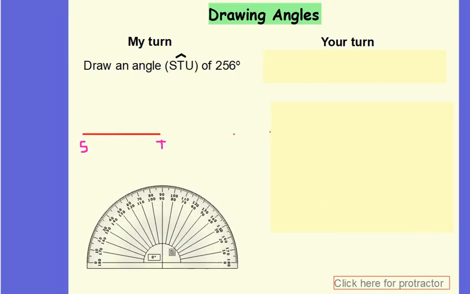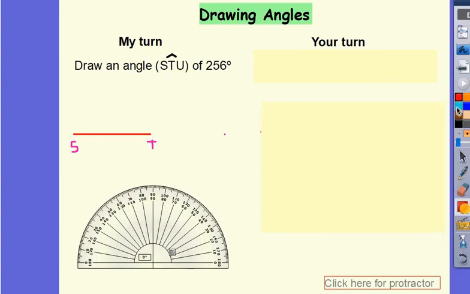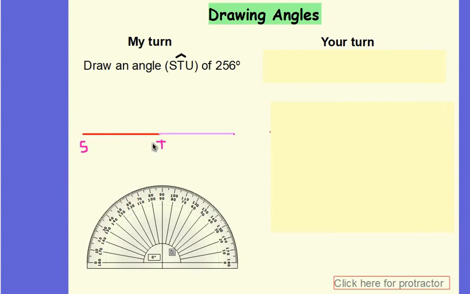Let's mark in where that straight line would be. A straight line would give me 180 degrees. I want 256 degrees, so we need to go further than the 180 degrees I've already drawn. But how much further?